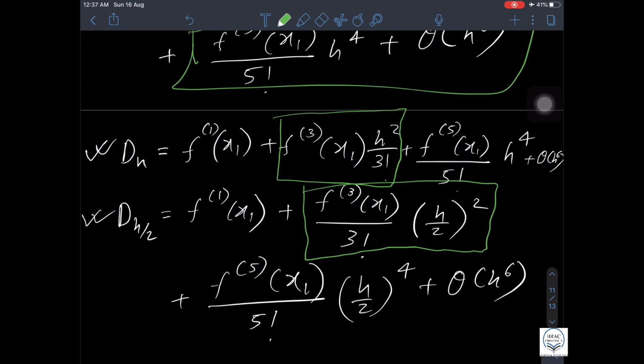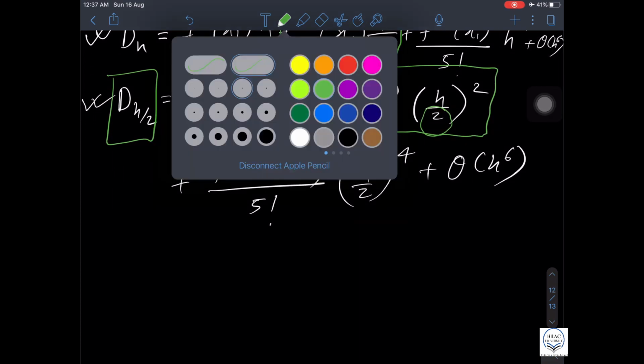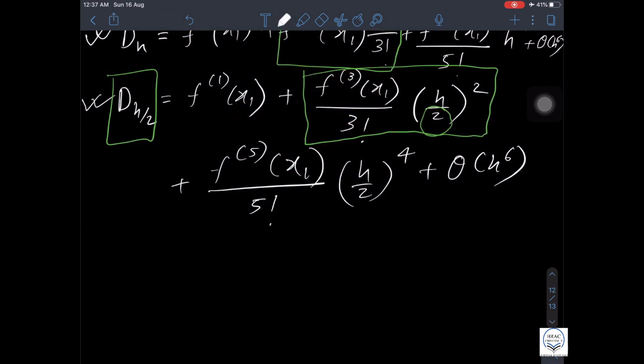If I want a combination such that this term goes away, we have to multiply this term by this factor and then subtract, right? So let's see. You'll have 2 square times dh by 2 minus dh.